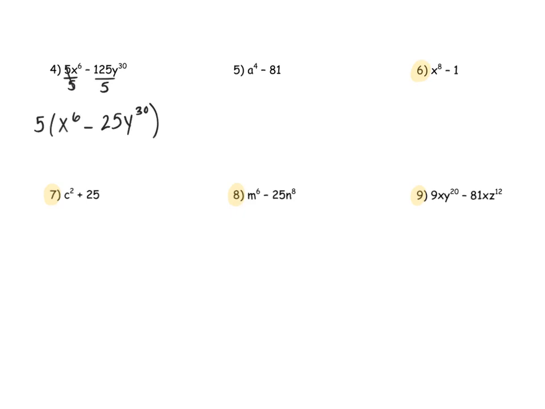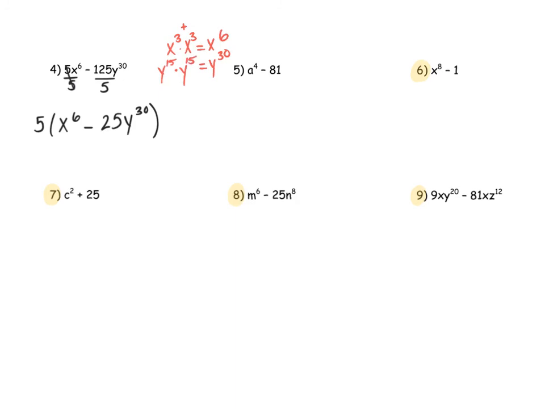So this one's a little bit harder because we've got these higher exponents. So if you go to the front page, you'll see x to the 3rd times x to the 3rd is x to the 6th. Remember, we add the powers. So what am I going to need to get y to the 30th? We need y to what power and y to what power? So half of 30 is 15.